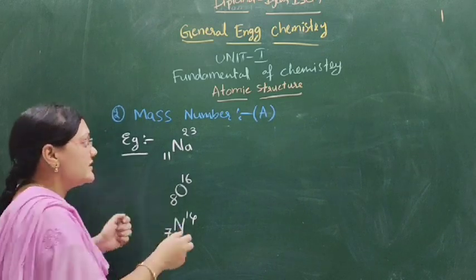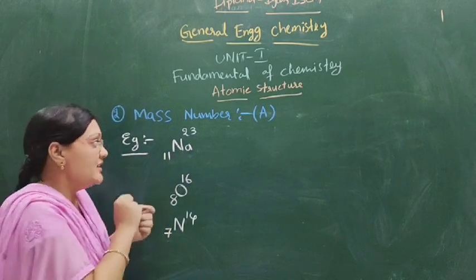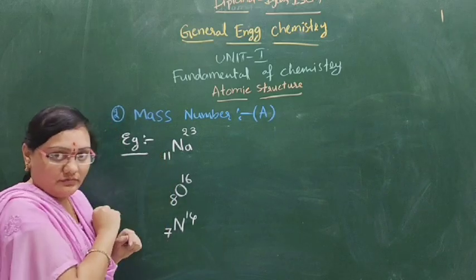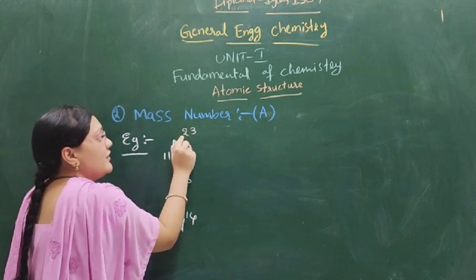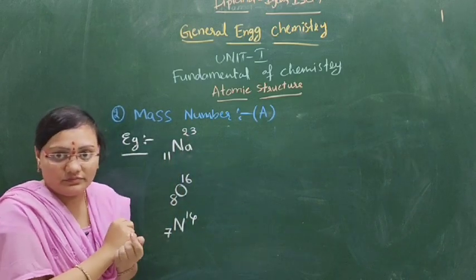Take sodium as the atom. The bottom one is the atomic number and the top one is the mass number. Mass is weight.